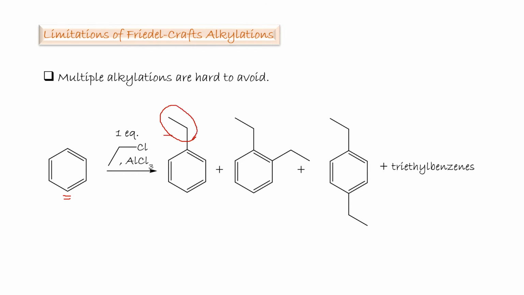The presence of this alkyl group on benzene, we will come to it later, activates the benzene, making it faster than benzene. Okay, so we will get dialkylation, trialkylation, and of course some unreacted benzene will be seen in this reaction.